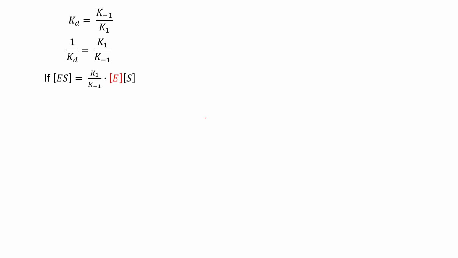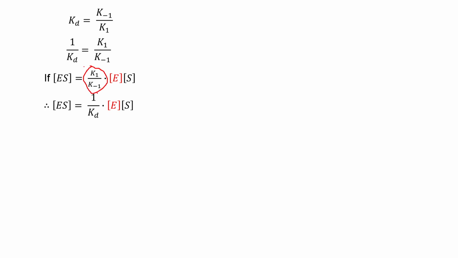So if ES, as we have seen, is equal to K1 over K minus 1 multiplied by E multiplied by S, you can remove the K1 over K minus 1 and replace it with 1 over Kd, as you have seen in this.